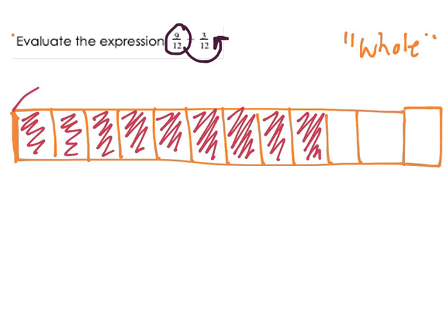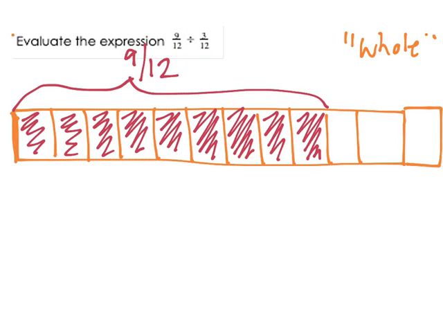I'm also going to label this as 9/12. Now my next step tells me that I need to represent the numerator of my divisor.